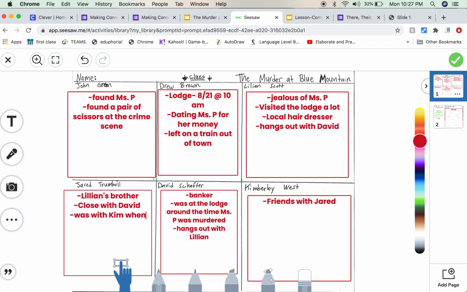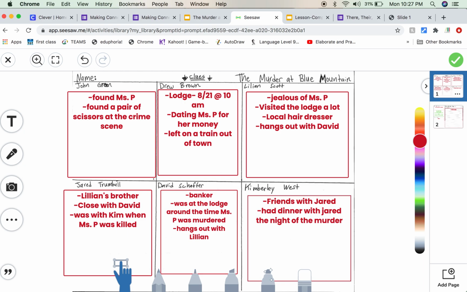When Miss P was killed. Then for Kimberly West, friends with Jared. And we're typing in had dinner with Jared the night of the murder.